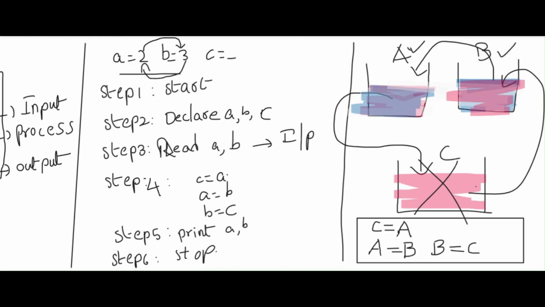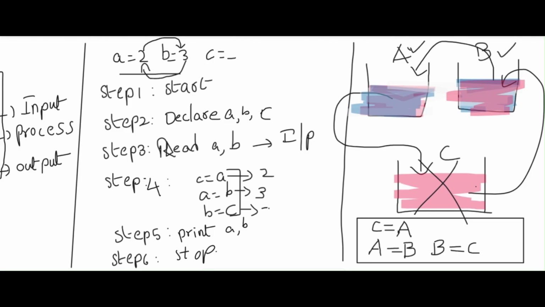Got it? Now you can see this by dry run, we call it the dry run method. Just like the bucket of water, you can compare these variables. Initially, A is equal to 2, B is equal to 3. And into C, you're saving the value 2. Now C has 2. Then to A, you're copying B, so A will have 3.